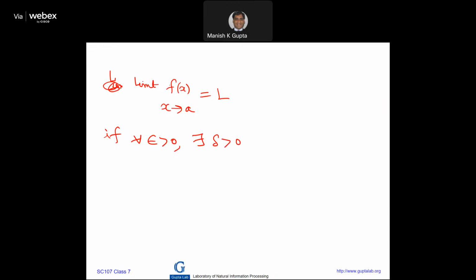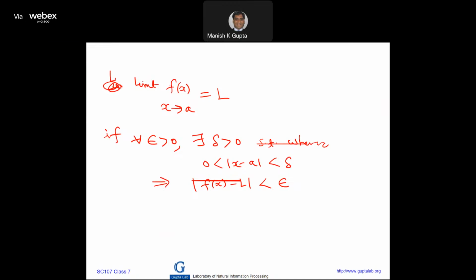Epsilon and delta are positive numbers, okay? Such that whenever 0 is less than mod of x minus A is less than delta, this implies that mod of f of x minus L is less than epsilon. This is the formal definition of this.